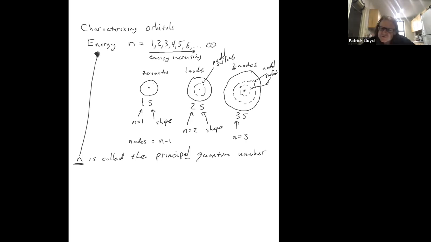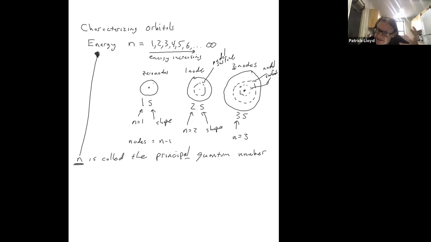Now, why is it 1, 2, 3, 4, 5, 6? That's actually just the mathematics of waves. It turns out standing waves have these modes of vibration, modes, M-O-D-E-S, not nodes, but modes of vibration. And so when you play a guitar, you pluck the string, there is a fundamental frequency of vibration, and that sounds like something to our ears, right? And then there are what we call overtones, which are double the frequency, 2f, triple the frequency, 3f.